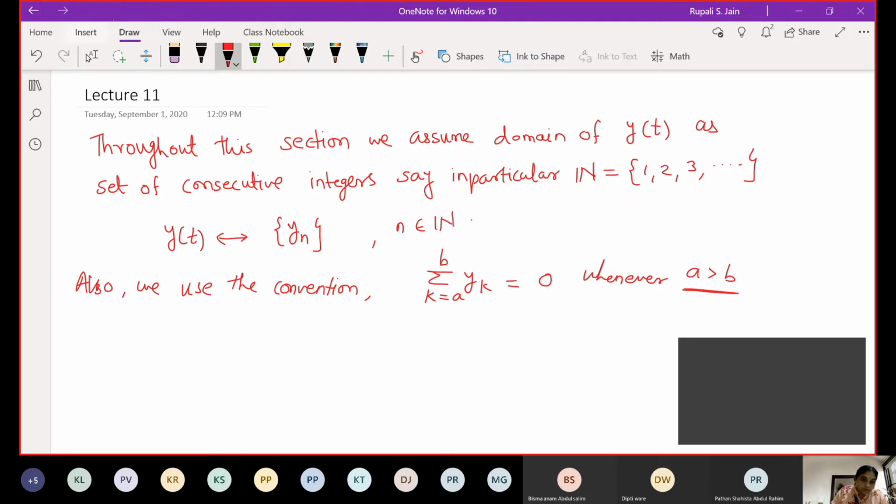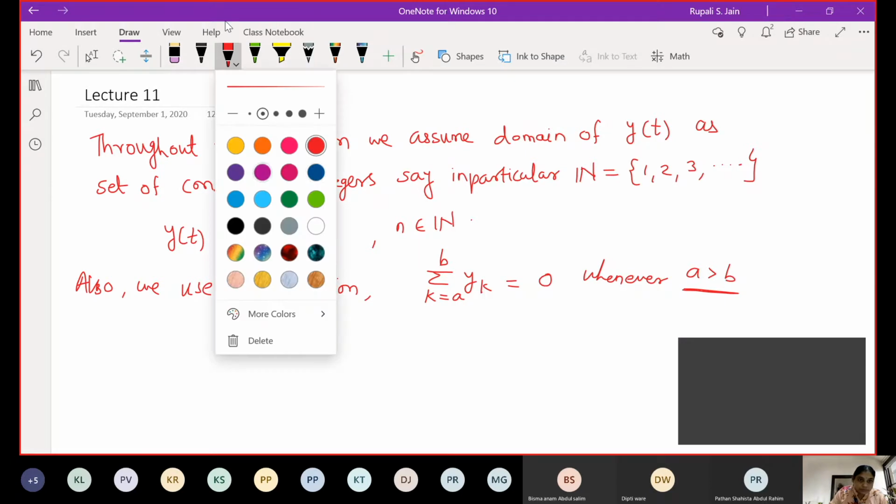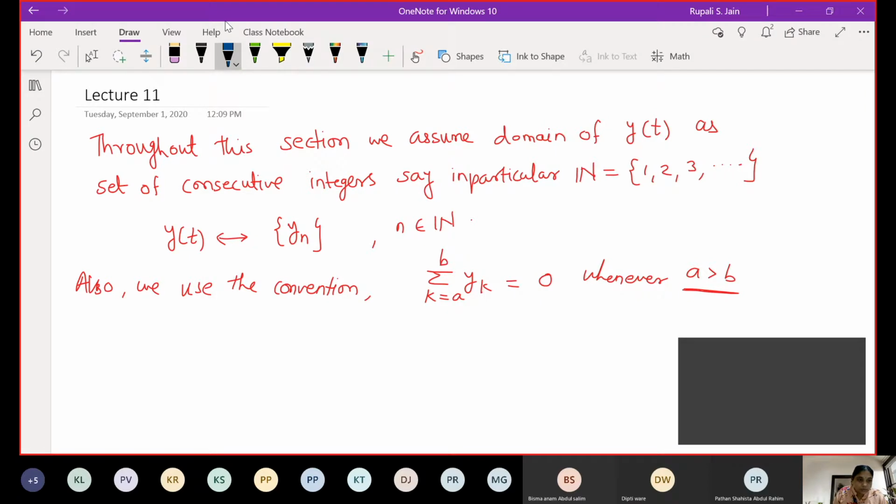Now consider the following. For fixed m, and when n is greater than or equal to m, what will be delta n of summation k equals m to n minus 1 of y_k?